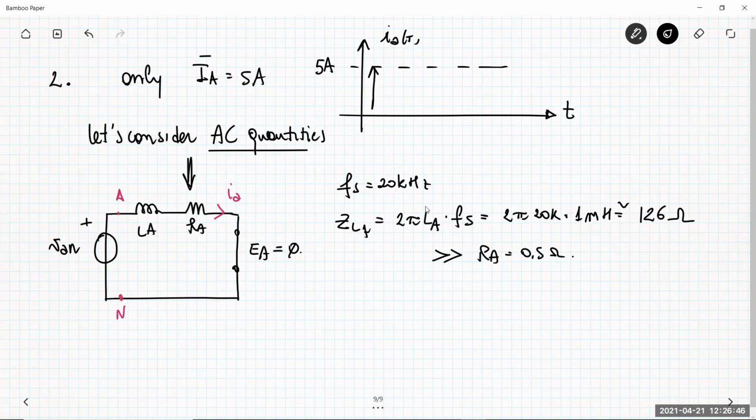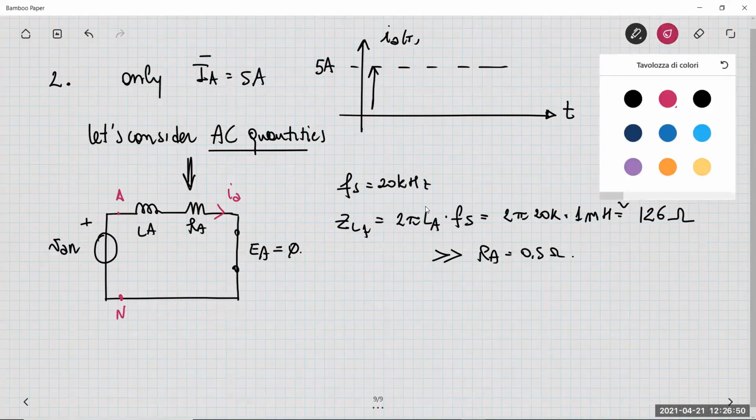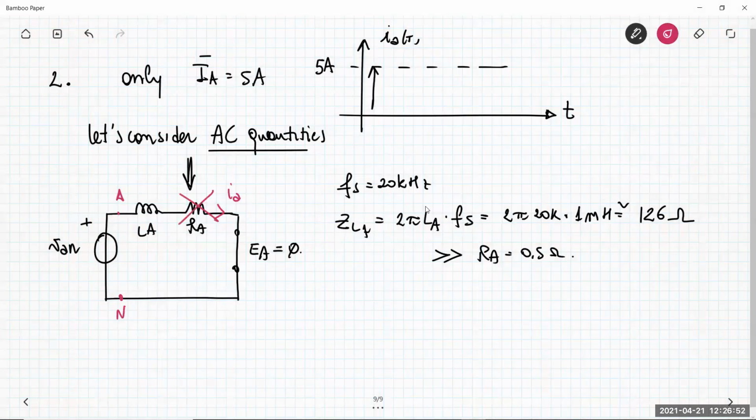Okay, so if you consider that the switching frequency is 20 kHz, as a first order approximation, let me neglect RA with respect to LA. So the circuit becomes just the series of the AC component of the voltage VAN and the inductance LA. Simplification.